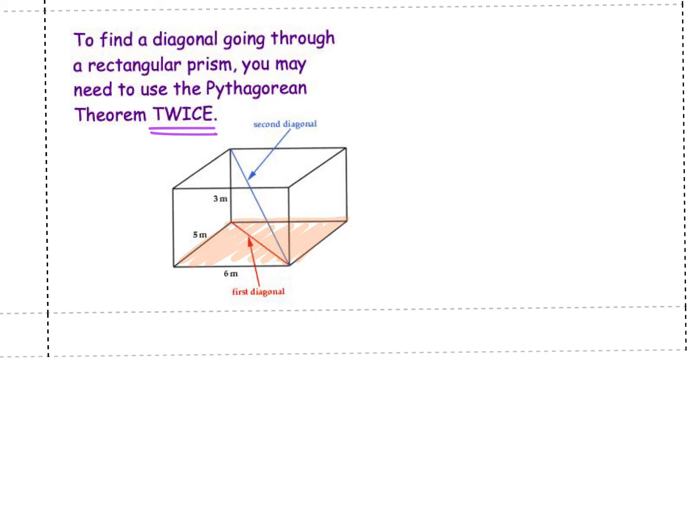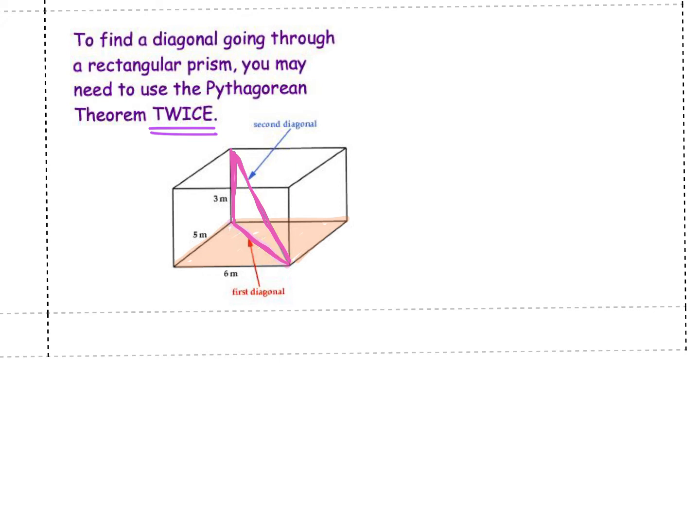So we're going to look at our rectangular prism's base, and we are going to find the hypotenuse of that base, because that hypotenuse is going to give us a leg for the diagonal of the box. So we're trying to find a diagonal going through a box. And in order to do that, we need to know the hypotenuse of the base, and that hypotenuse is then used a second time as a leg.